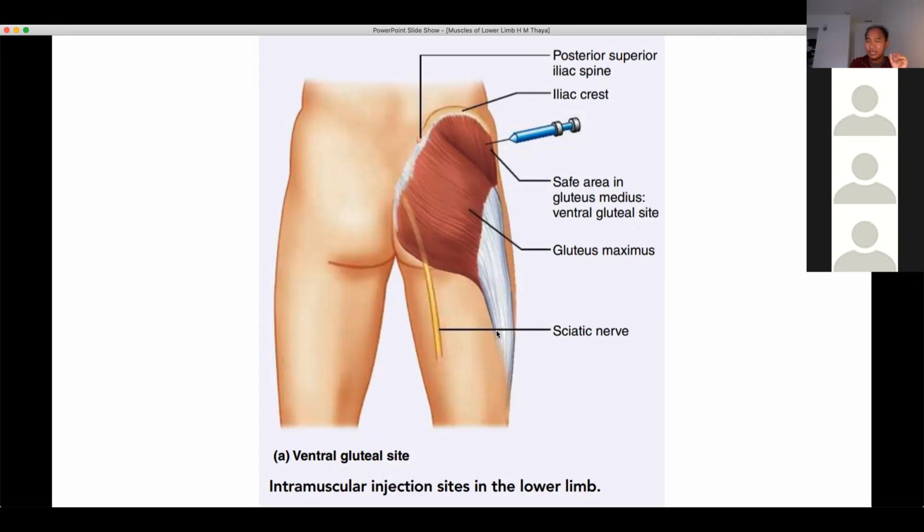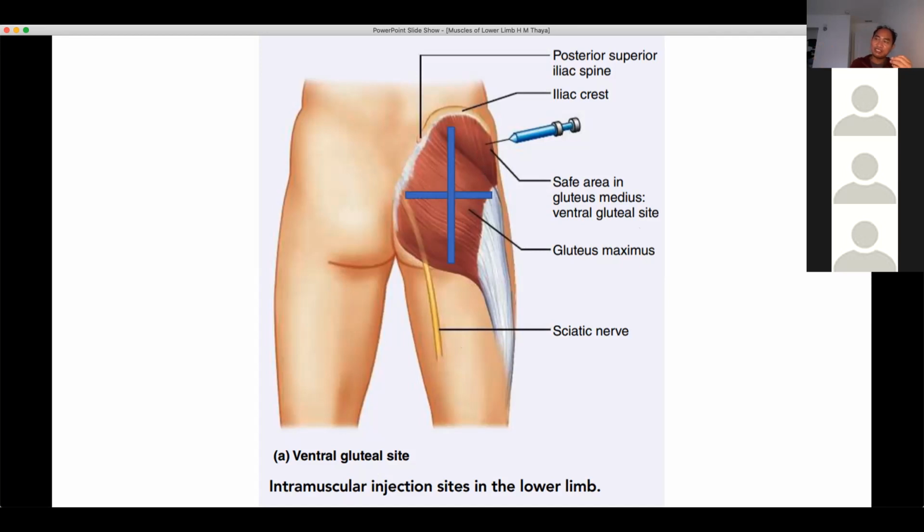That is the action of the gluteus maximus and gluteus medius: maximus will extend the hip, and medius will abduct the hip.